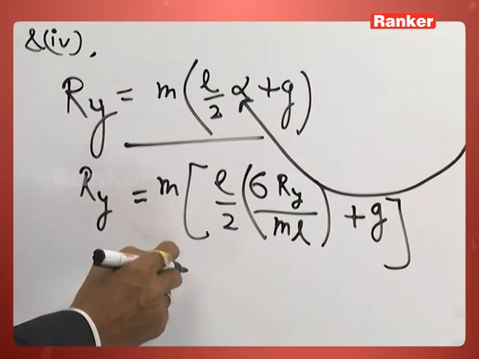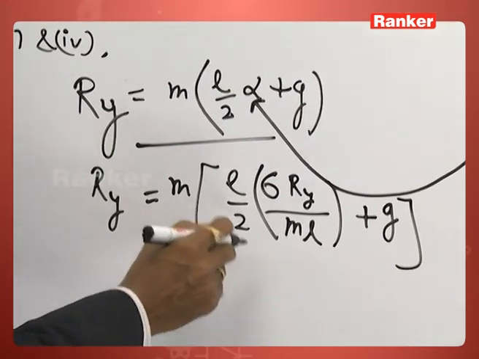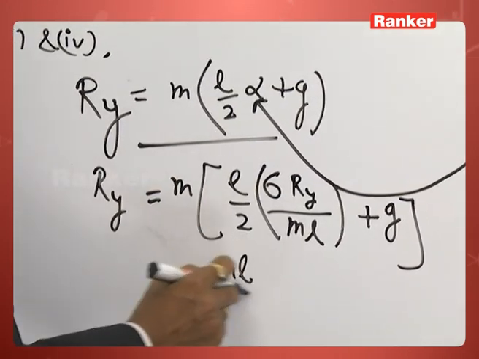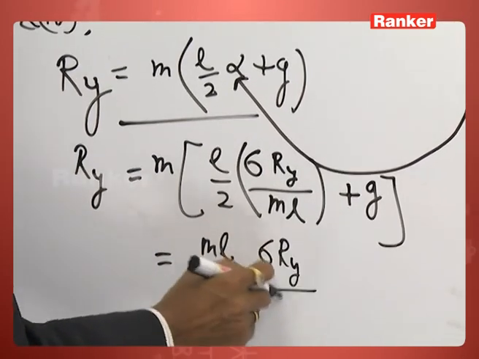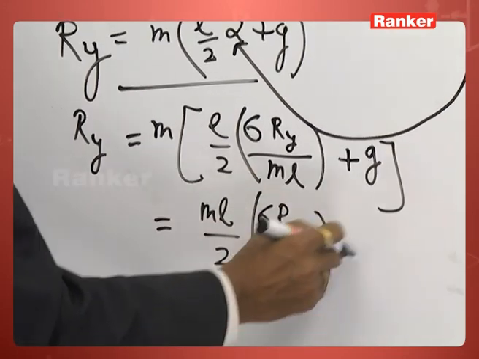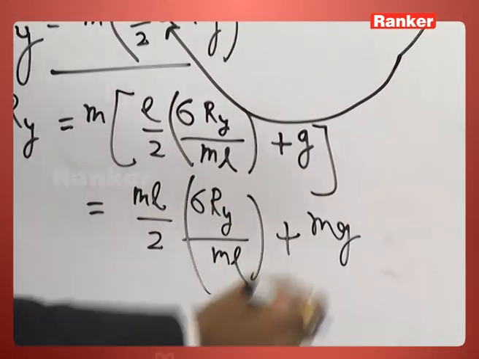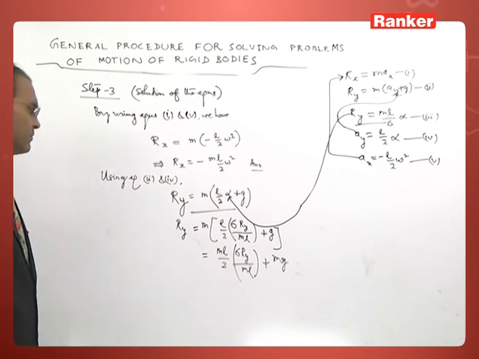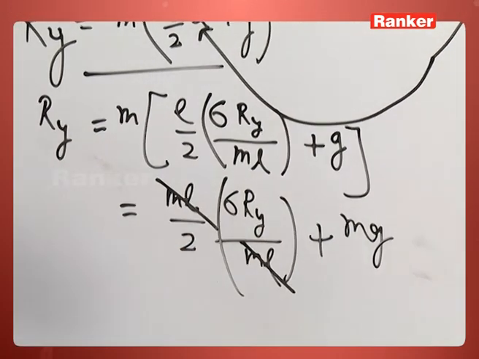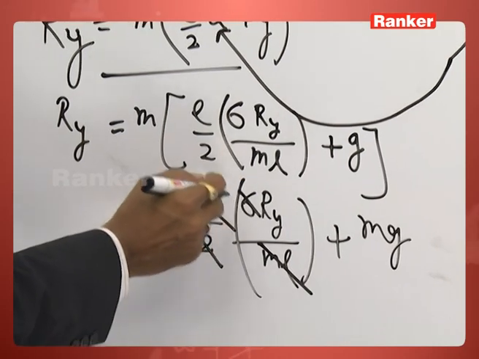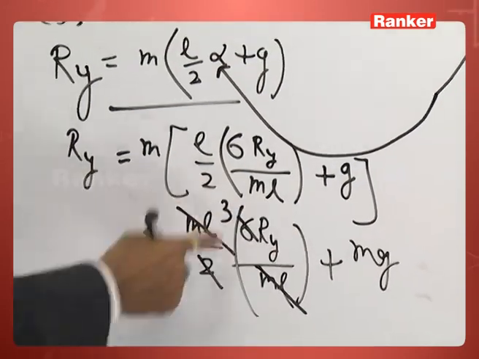So we are getting ml by 2 into 6 Ry by ml plus mg. ml will be getting cancelled, 2 and 6.